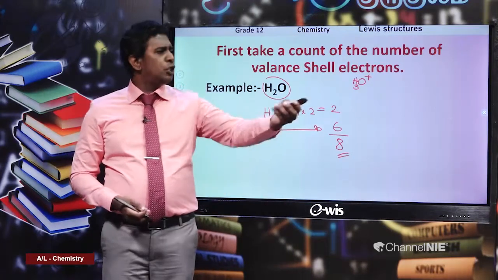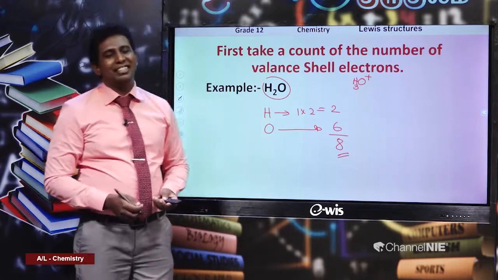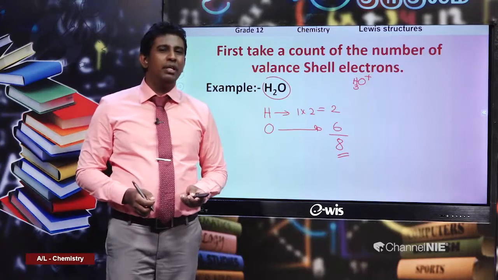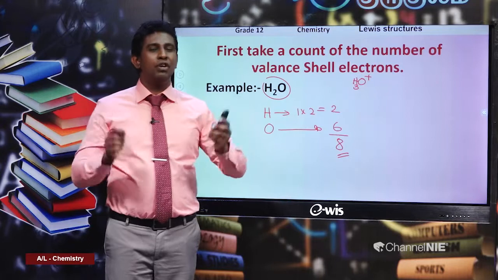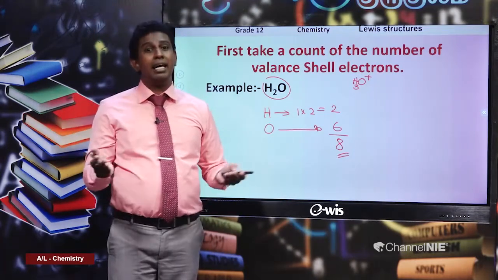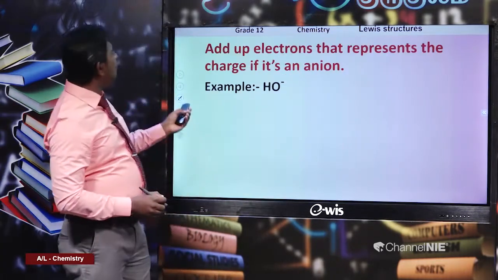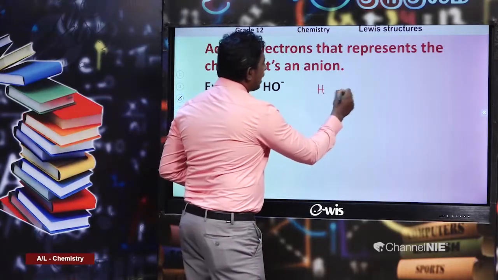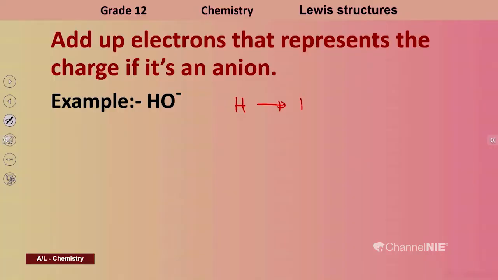It could be a positively charged ion as well as a negatively charged ion. Students, if it's a cation or anion, then also we can accordingly find out the number of electrons there, the total number of electrons in their valence shells. Finding that out is our first target. Okay, so if it's an anion, then you first take the count as atoms are given. Hydrogen atom is given 1 electron.